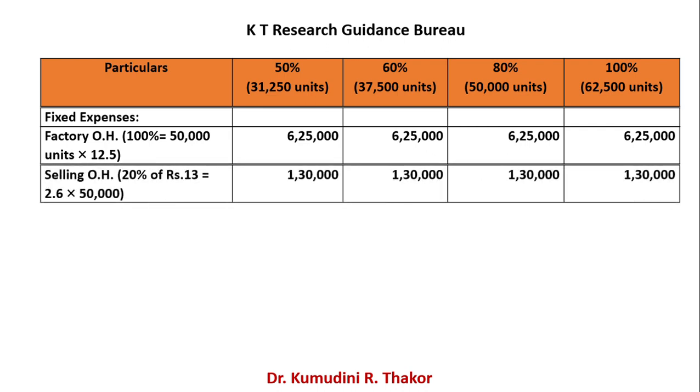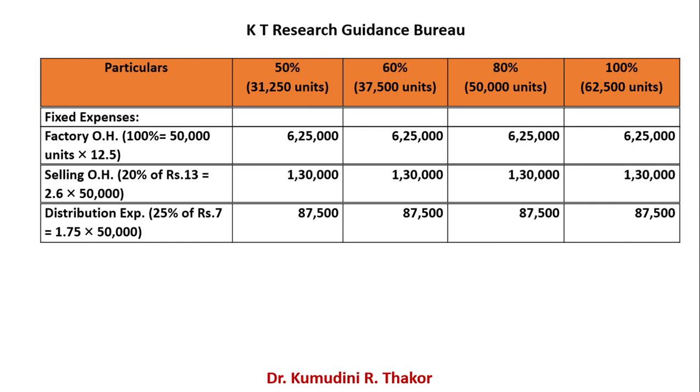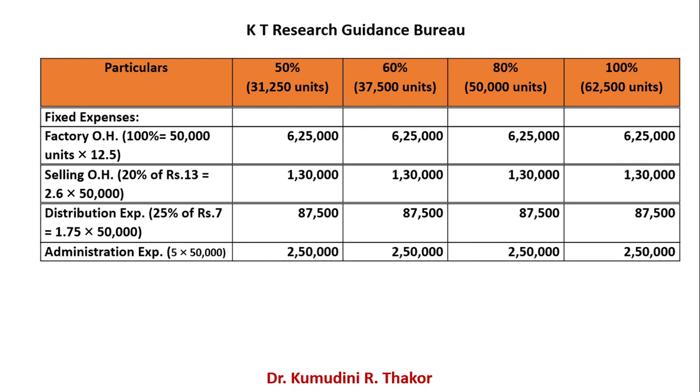Same way, selling expenditure 1,30,000 for all categories. Distribution expenses 87,500 for 60, 80 as well as 100. Administrative 2,50,000 for all production capacity levels.